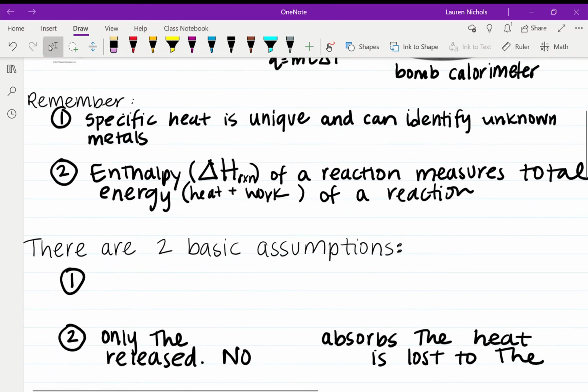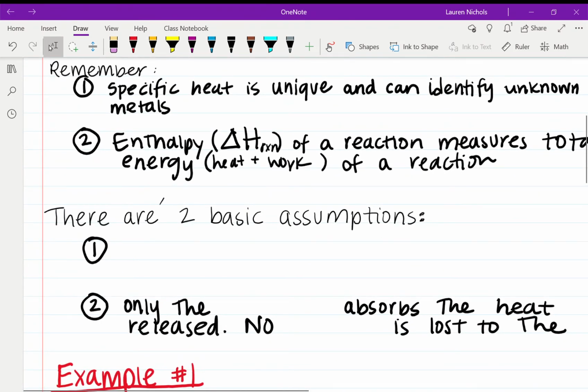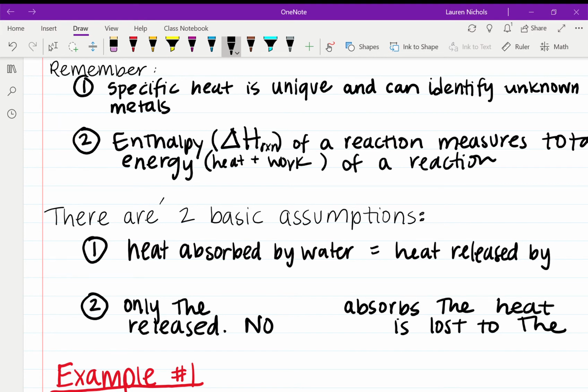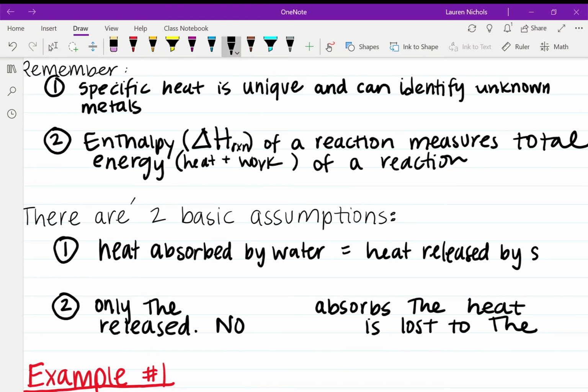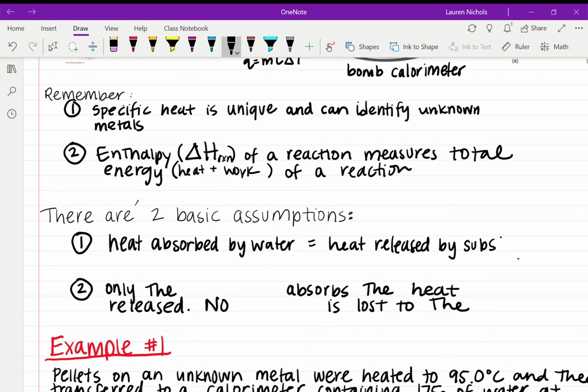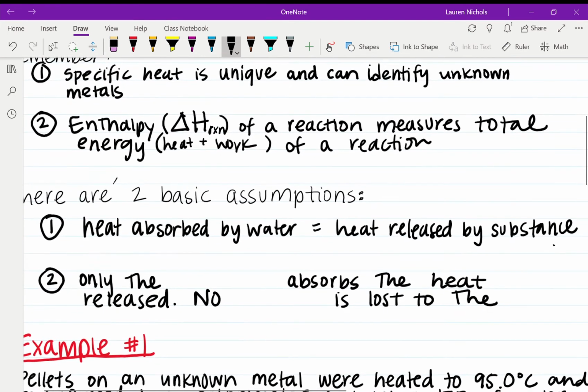One of them is that the heat absorbed by the water is equal to the heat released by our substance, whether it's the piece of metal or the reaction.